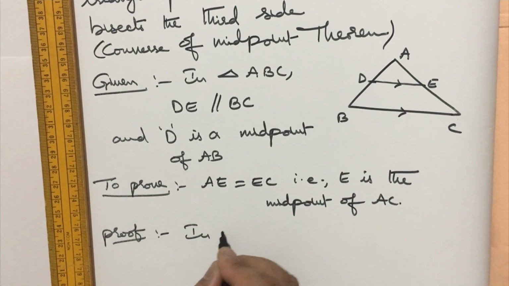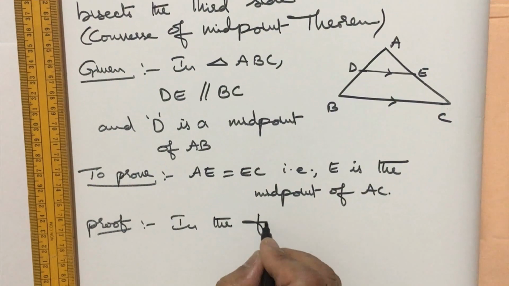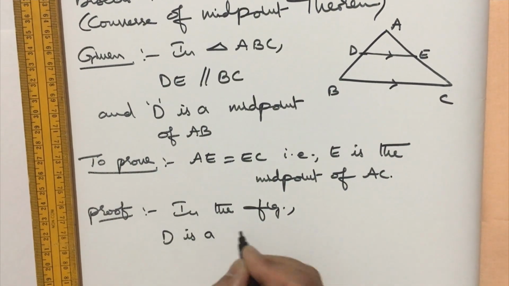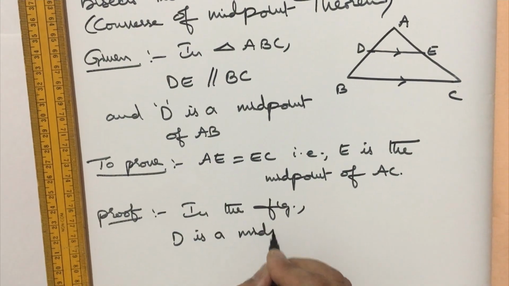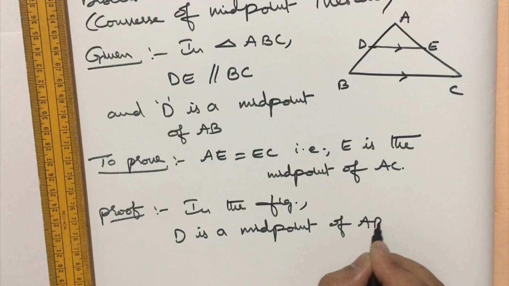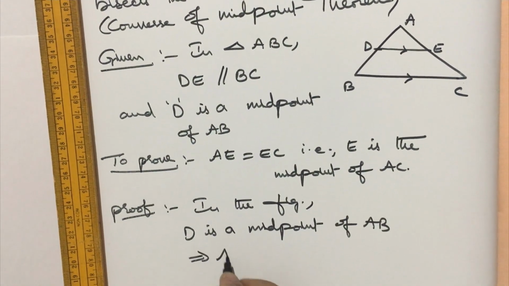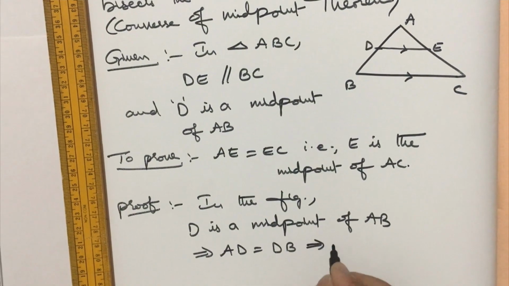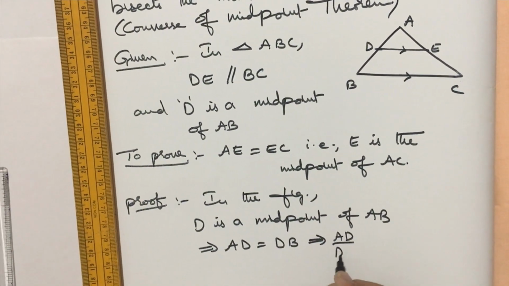In the figure, as D is a midpoint of AB, we can write it as AD is equal to DB, which implies AD by DB is equal to 1.